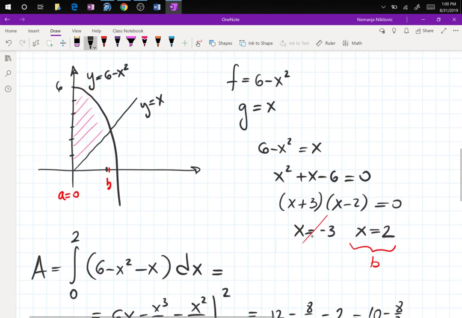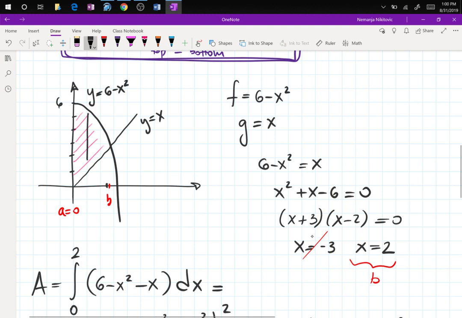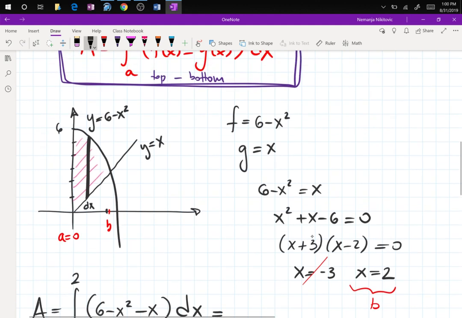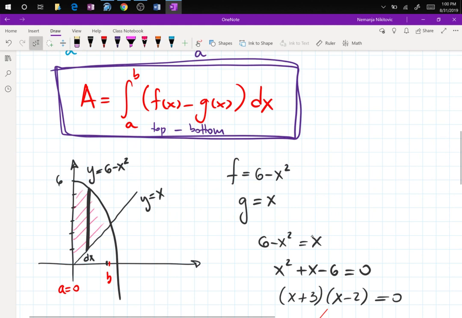Let me draw that representative rectangle here. You label it as dx. This is a powerful thing. Please put your pens and pencils down and look how this takes care of all of that.